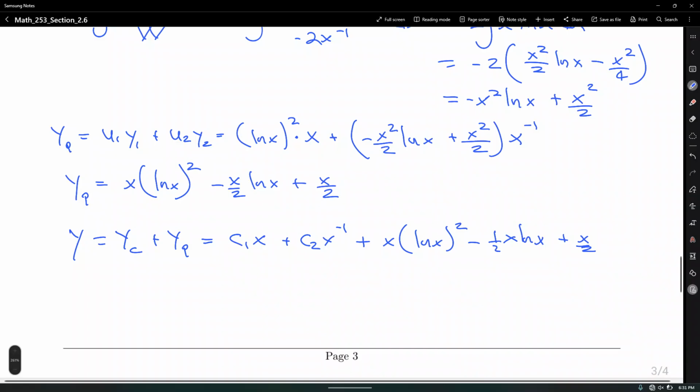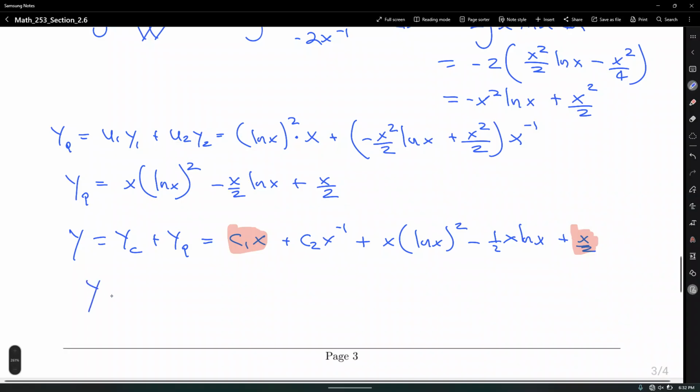However, we have something interesting here. Do you agree these two terms are duplicates? They are the same term with a different coefficient. One is an unknown coefficient, the other is a known coefficient, so we can absorb them together.